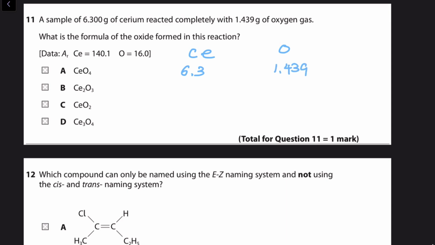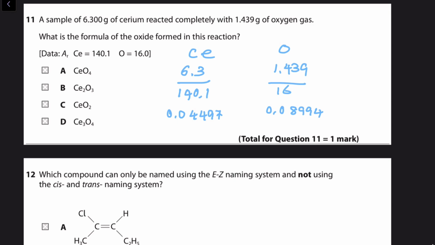Divide 6.3 by 140.1. You get 0.04497. Divide 1.439 by 16. So you get 0.08994. So the smallest number is 0.04497.